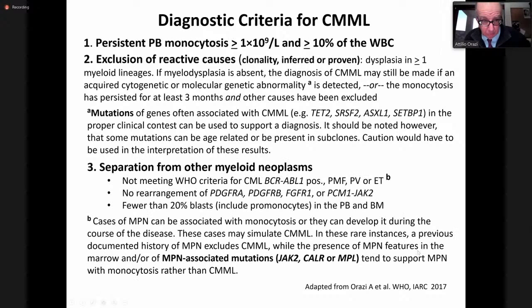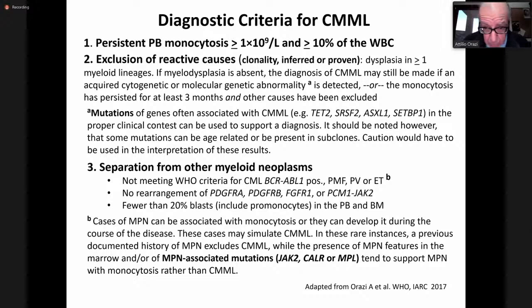Okay, and the third one, after you have found the monocytosis and excluded the reactive cause, you have to prove CMML. So you have to separate the disease from other myeloid neoplasms because there are overlaps morphologically, as you know. For example, CML, BCR-ABL1 positive, if it's associated with a P190 fusion, can have monocytosis, not the P210.